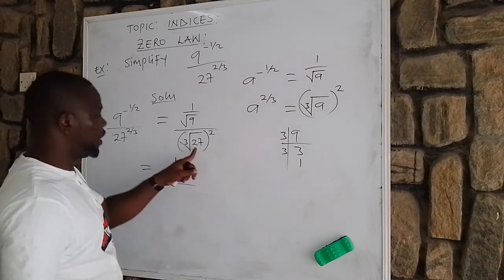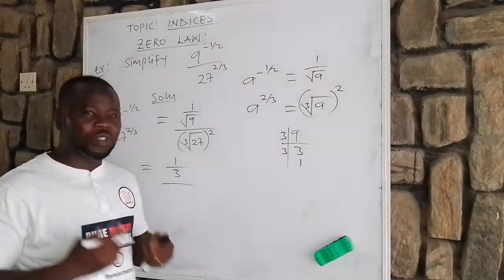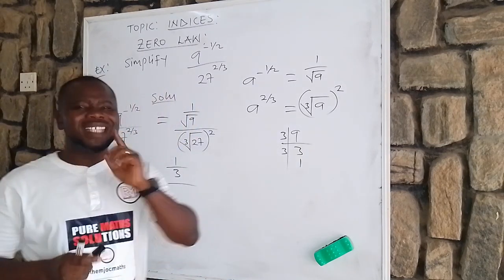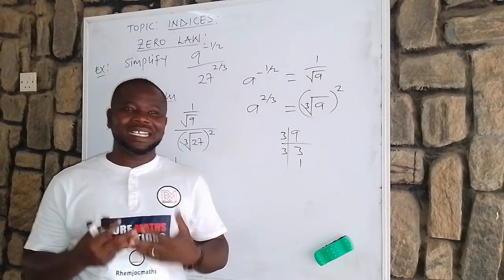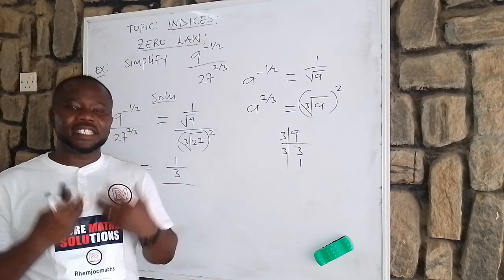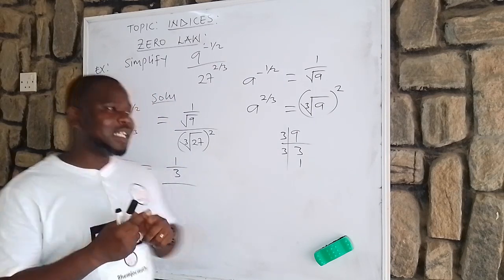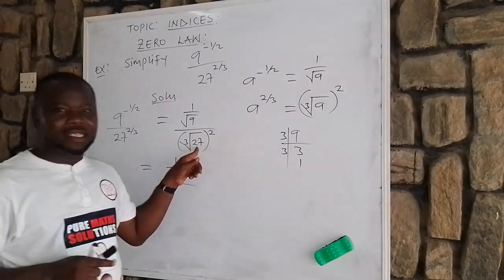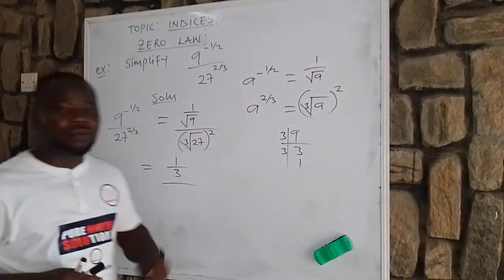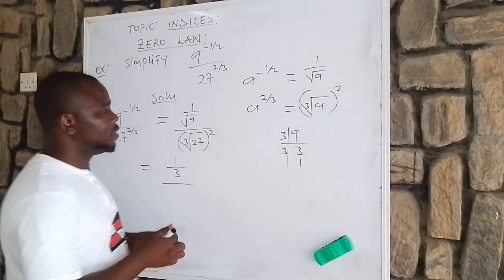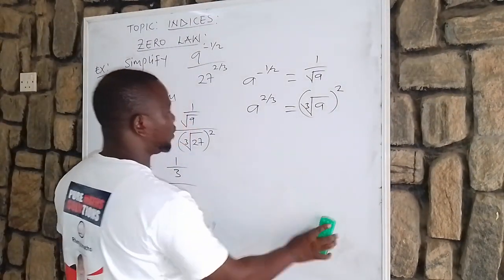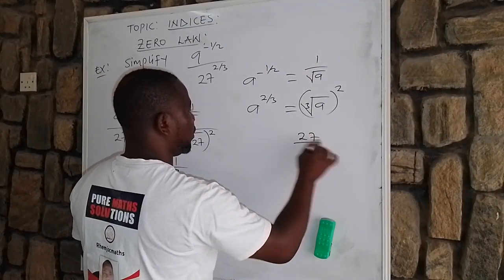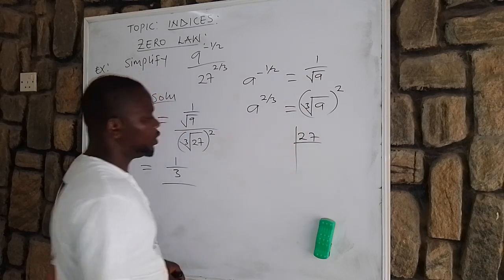Cube root of 27. When we say cube root of 27, cube root means that value that can multiply itself 3 times, and it will give you back what is inside there, 27. That is the meaning of cube root of 27. So let's do it this way: 27 all over 27, sorry.